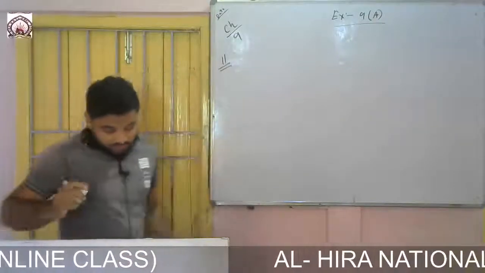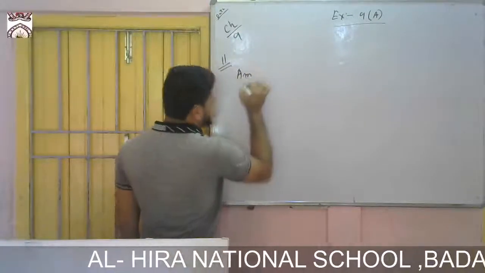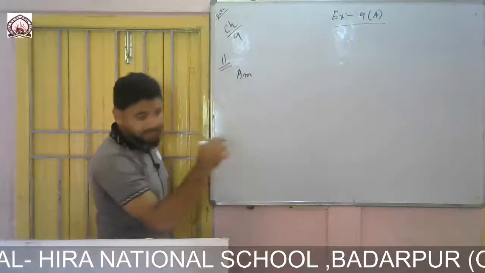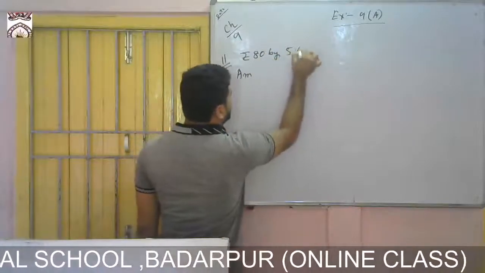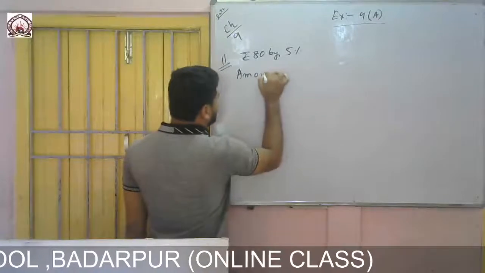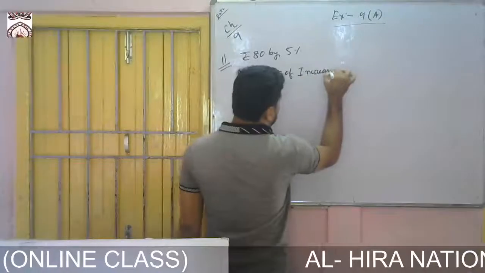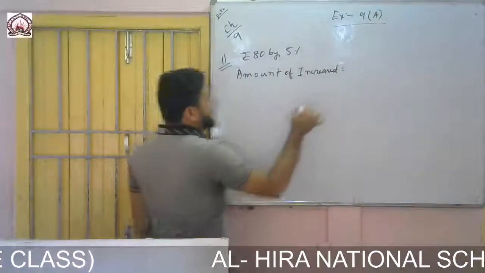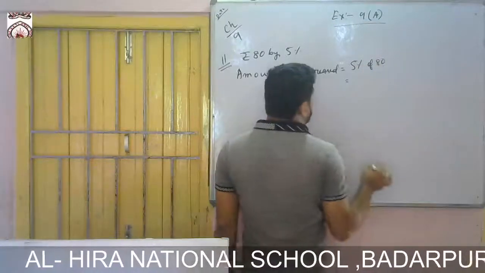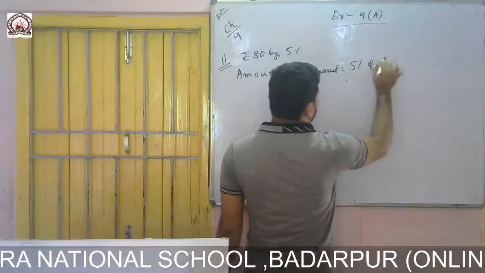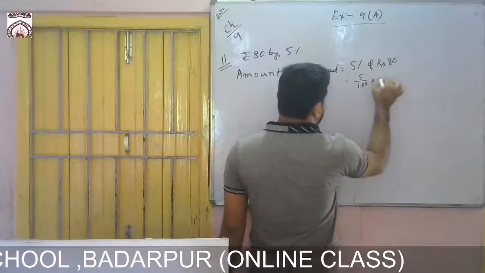Solution: amount of increase will be 5% of rupees 80. So it will be 5 by 100 into 80.